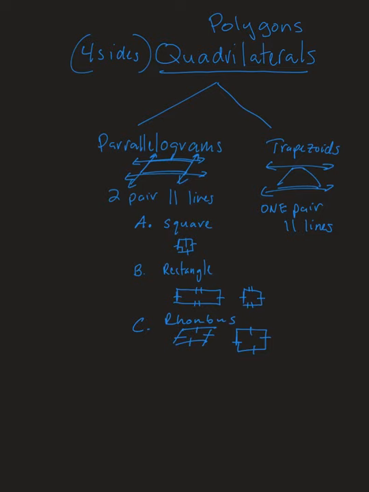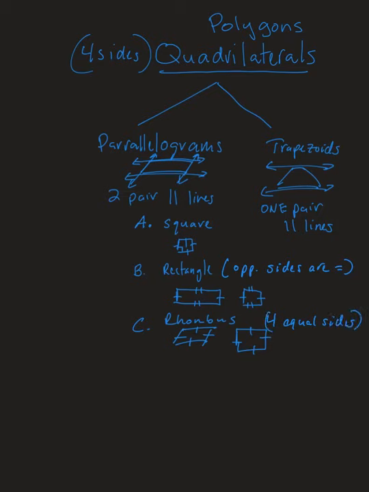So review: for parallelograms, I have to have two pairs of parallel lines. I have a square, a rectangle, and a rhombus. A square has all equal sides. Rectangles have opposite sides that are equal. And a rhombus has four equal sides.